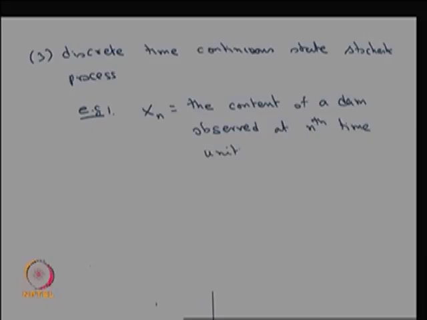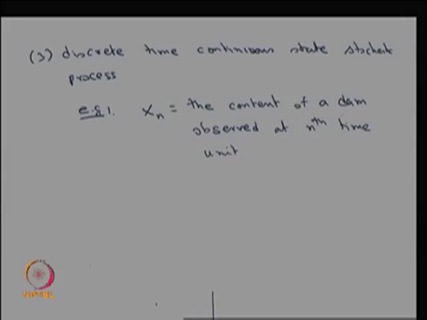So here the time unit could be every 1 hour, or, because you are seeing the content of the dam or water reservoir, it could be every day at a fixed time of every day, or a fixed time of weekly once. So that is going to be the time unit. So at the end of each nth time unit, you are observing what is the content of the dam. That is nothing but a real quantity.